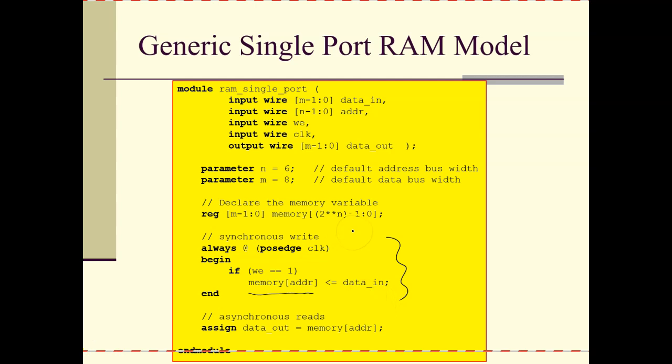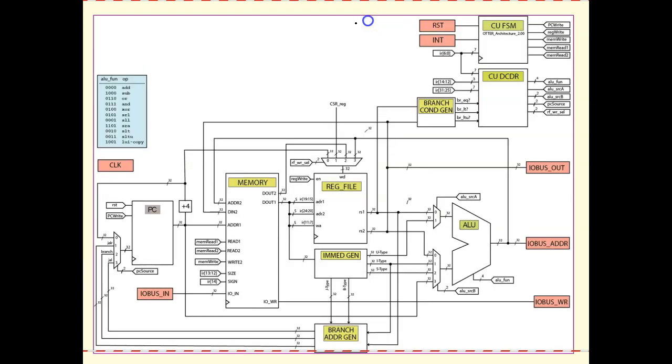As you can see in this thing, the posedge is based on the clock, which makes this write operation synchronous. Here's the read operation. It's not based on the clock, so therefore the read operations are asynchronous. This is just one generic model that we use quite often in this class. That's why I'm showing this one. There could be many other things.